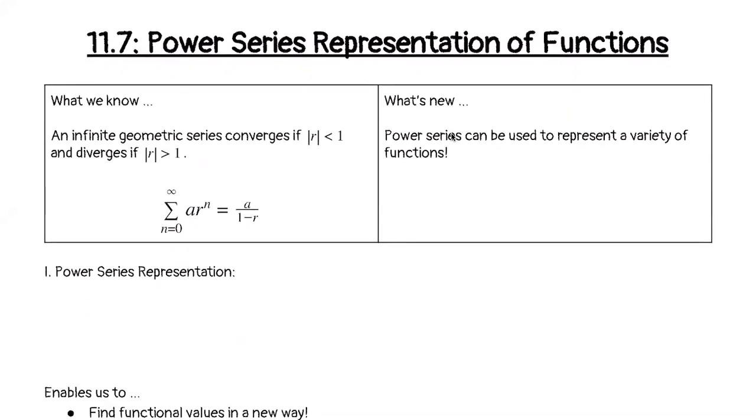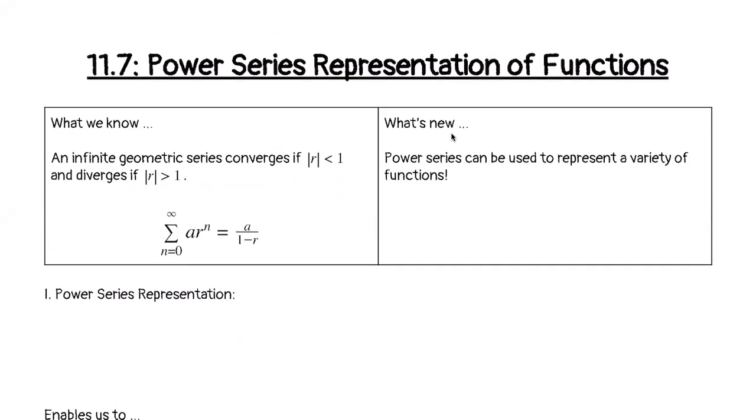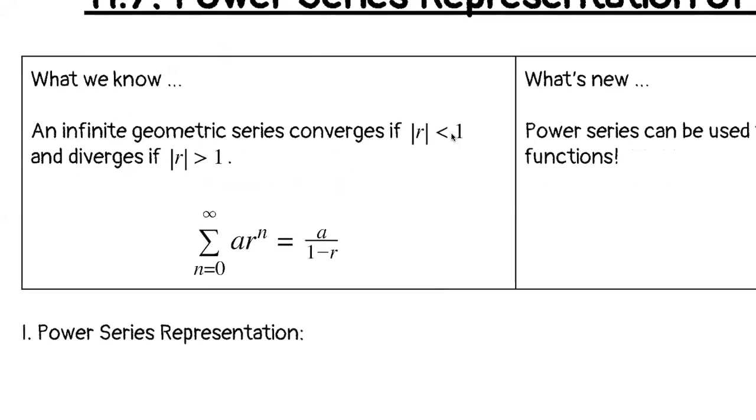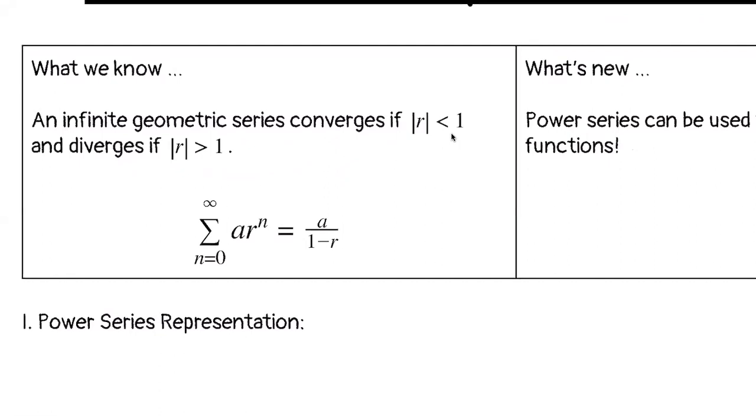All right, so we are in 11.7, which is called power series representation of functions, okay? So let's start off with what we know. What we know is that an infinite geometric series converges under certain circumstances, specifically if the common ratio, that's our r value, has an absolute value less than 1.